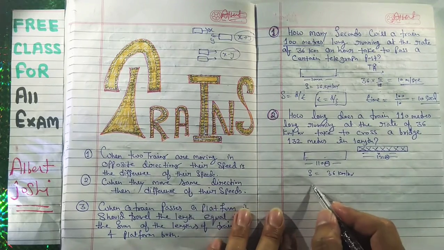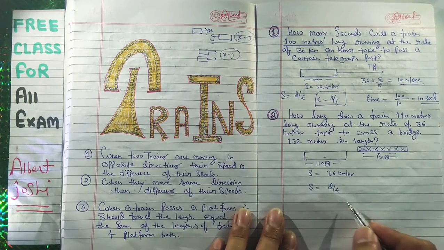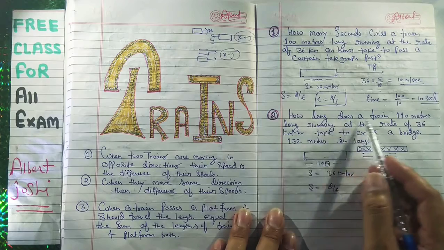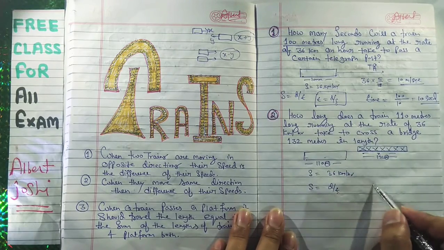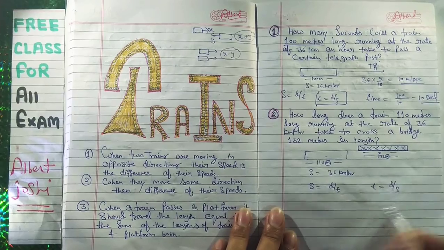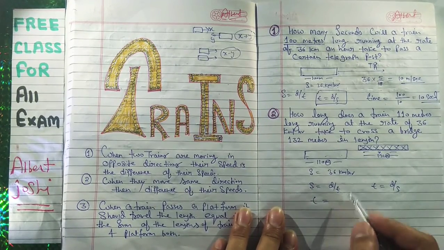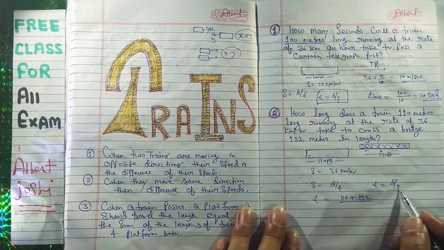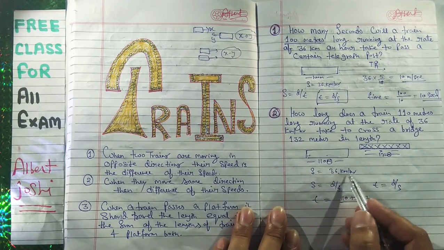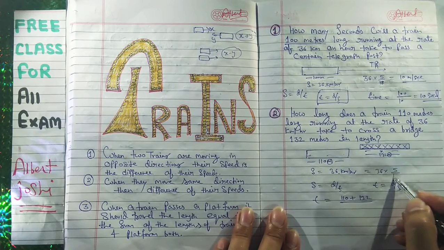So you know the basic formula, speed is equal to D upon T, and we have to find how long, means we have to find T. So T is equal to D upon S. Your D is the length of this, 110, plus the length of this, 132. But your speed is in 36 km per hour, so you will multiply by 5 upon 18.